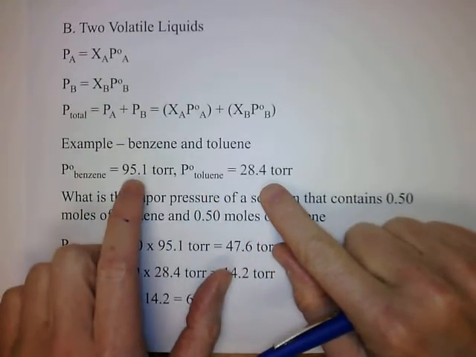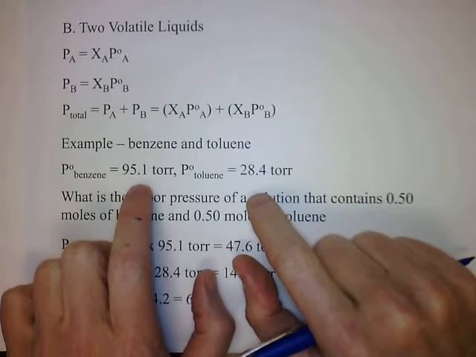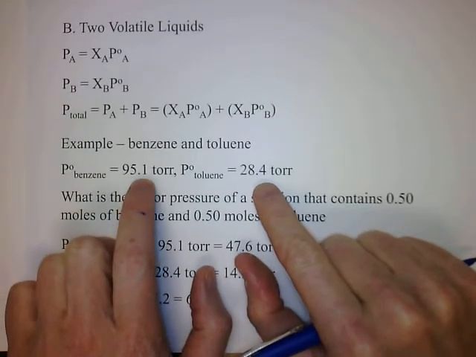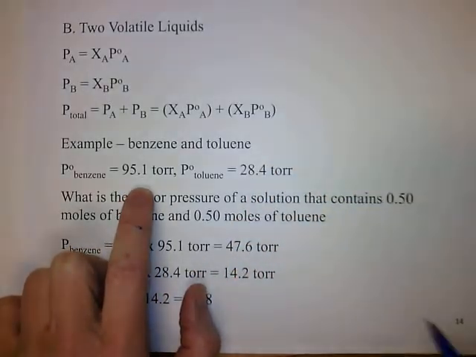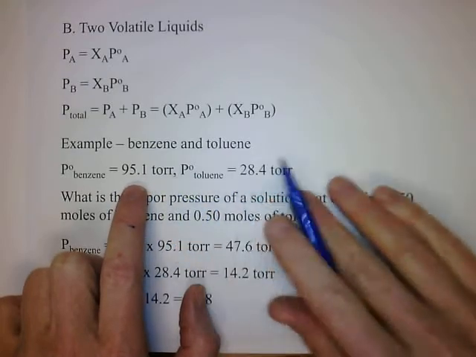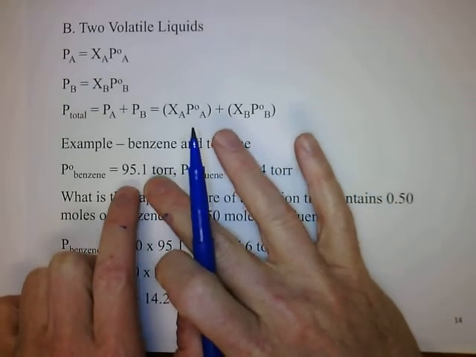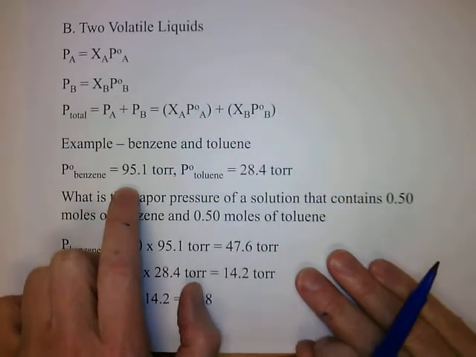So let me ask you this question. First of all, which is more volatile? Whichever one has the higher vapor pressure, right? The more easily a substance evaporates, the higher the vapor pressure is going to be. So the vapor pressure of benzene is higher than that of toluene. The benzene evaporates more readily.